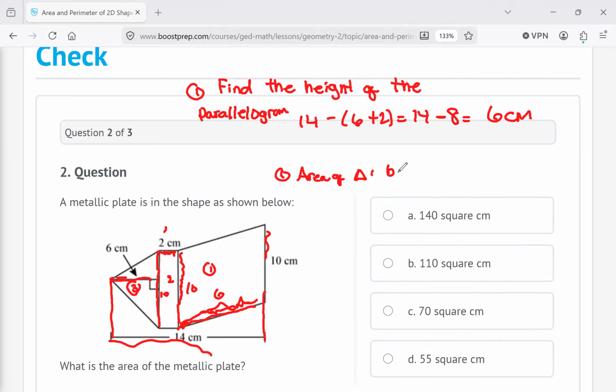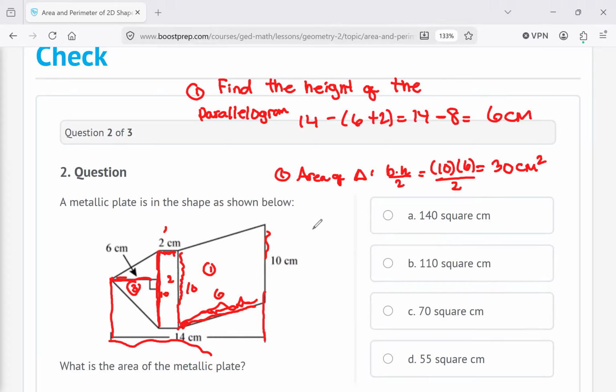It is base times height over 2. So the base is, I believe, 10, this vertical distance, right? And then this height is 6, that was given. And then divide that by 2. So 10 times 6 divided by 2 is 30.